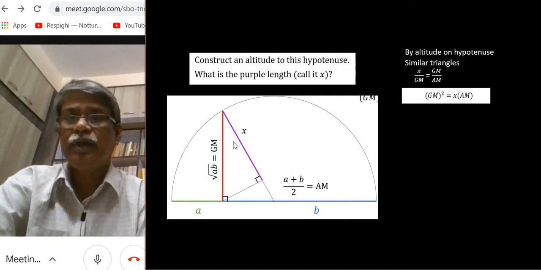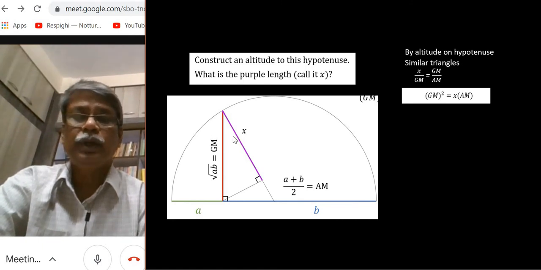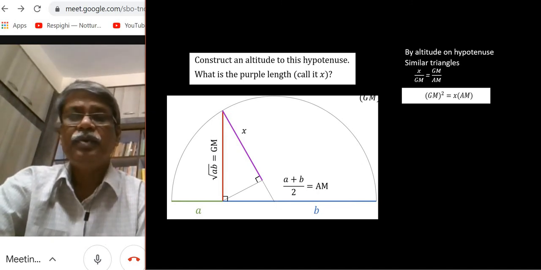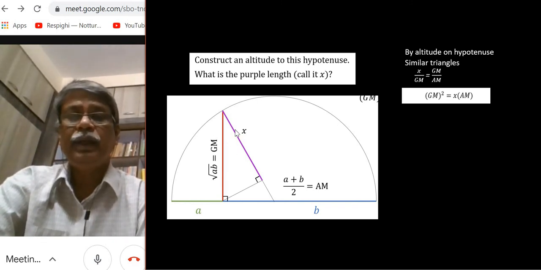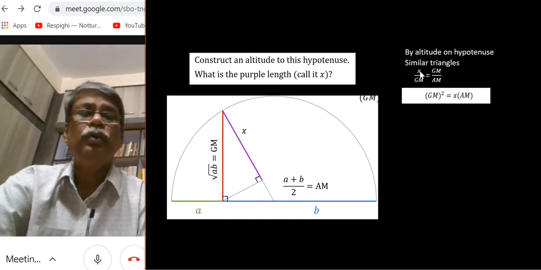So X by GM, and in this bigger triangle, GM, the base, by the hypotenuse, that is this length. This length is nothing but the radius of the circle, that means A plus B by 2. So GM by AM, this length is AM, and the left hand side is X by GM. So from this simple cross multiplication we get GM square is X into AM.